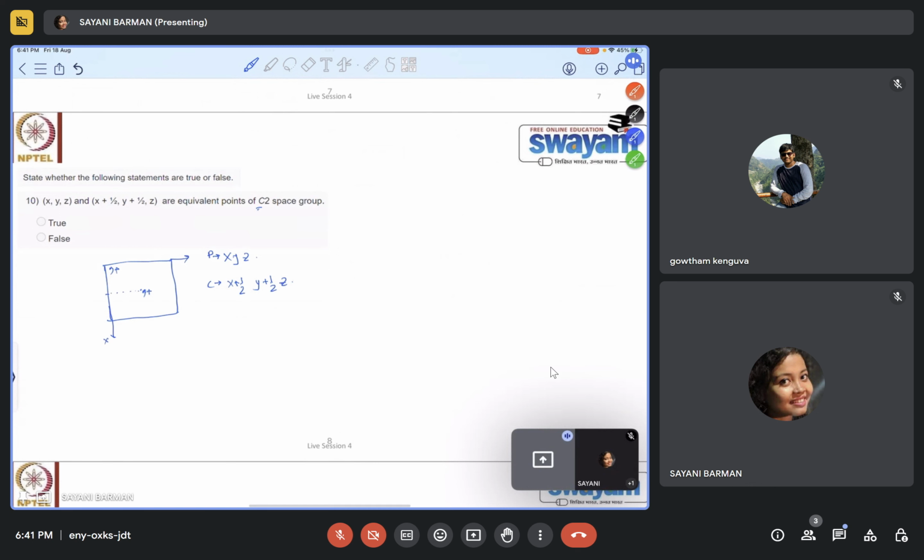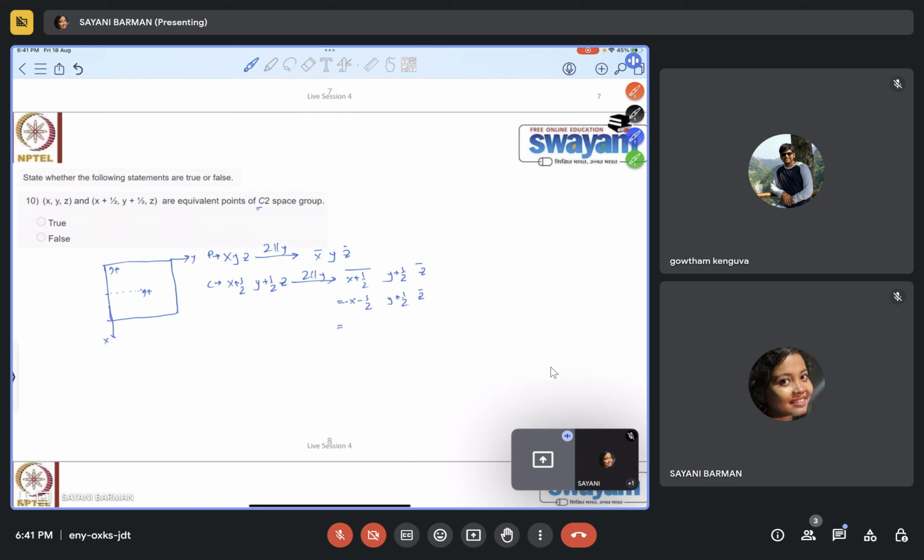Now if you apply C2, C2 means twofold rotation, right? Twofold rotation along y axis. So it will be x bar, y, z bar, and here also twofold rotation along y axis. It will be x plus half bar, y plus half, z bar. You can also write it as minus x minus 2, y plus half, z bar.